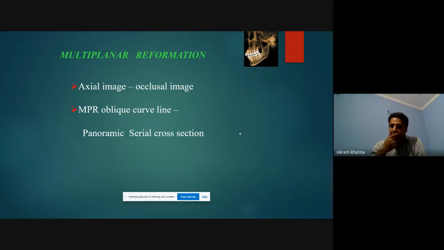And the beauty of CBCT is that you can view the sections on OPGs also, and see different sections, paraxial sections, on the CBCT without giving another set of radiation to the patient.